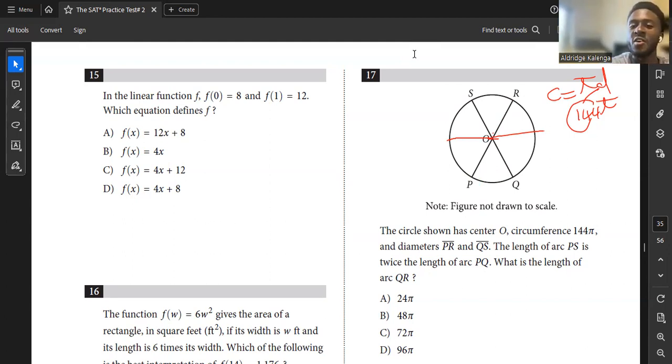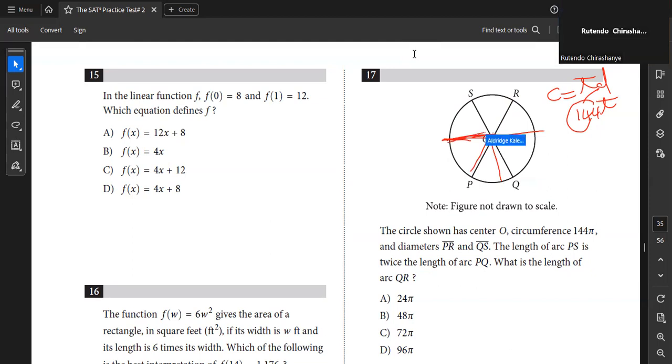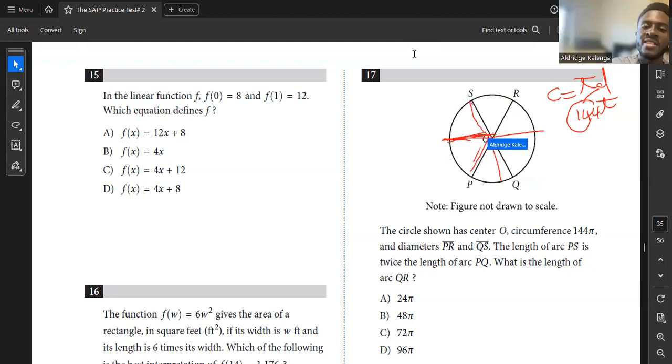All right, so we know SP is twice PQ. If we divide this into half, it means now this is as good as PQ. This is the same size as PQ. But notice, when we've done this, we've also made a radius. So what Audin did, which was smart, was dividing this and creating the radius on that side, completing it.